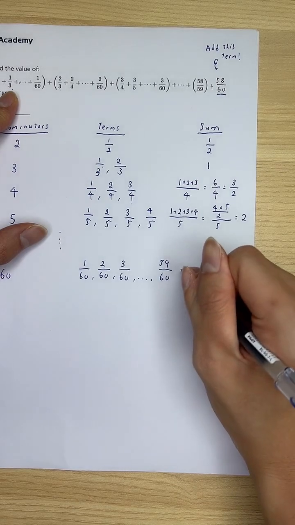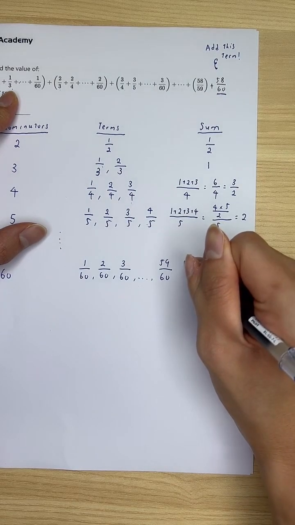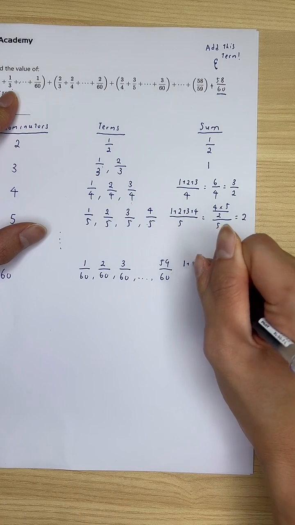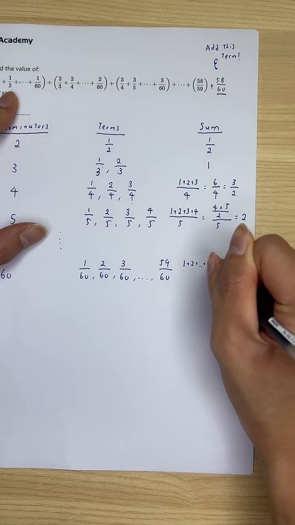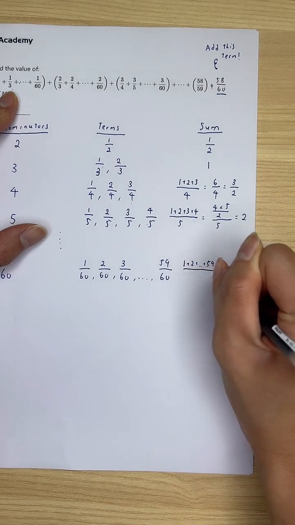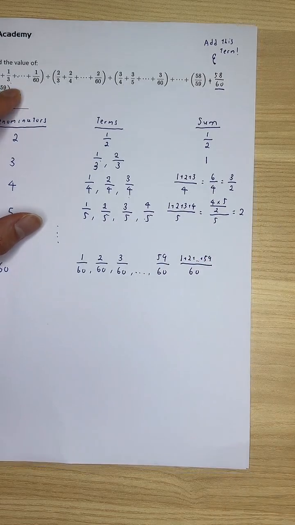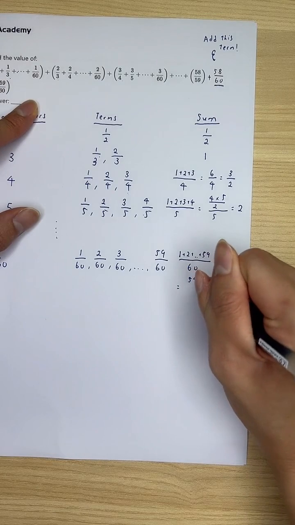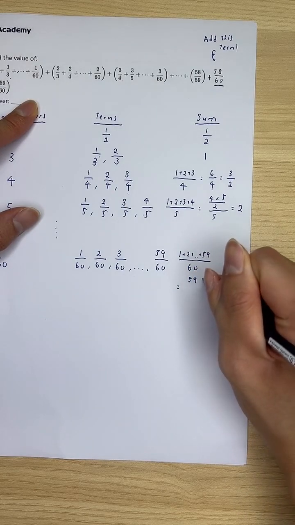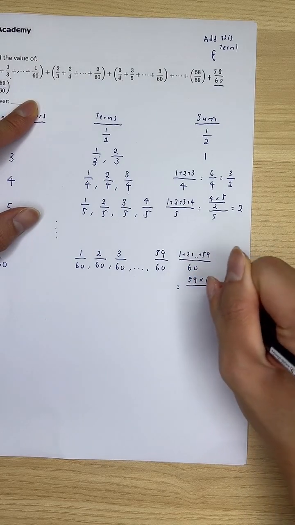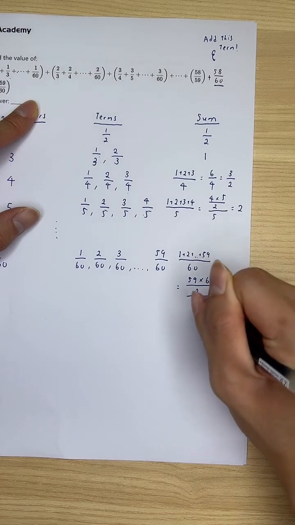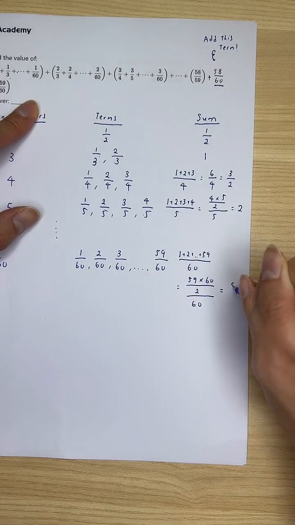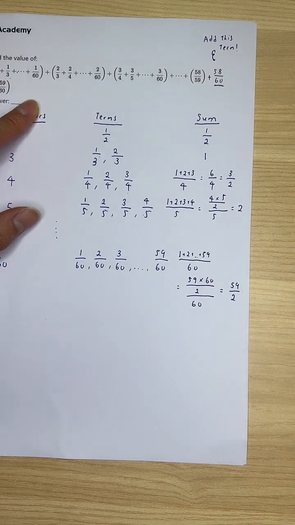So all the way down to this one, it's just going to be 1 plus 2 plus all the way to plus 59 over 60. This is equal to 59 times 60 over 2 divided by 60, and we are going to end up with 59 over 2.